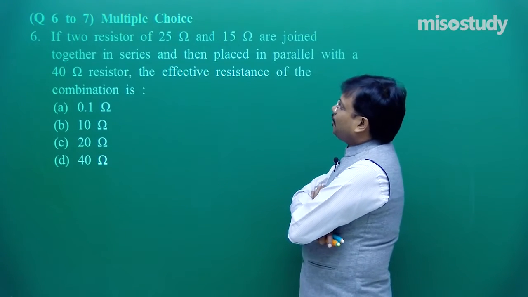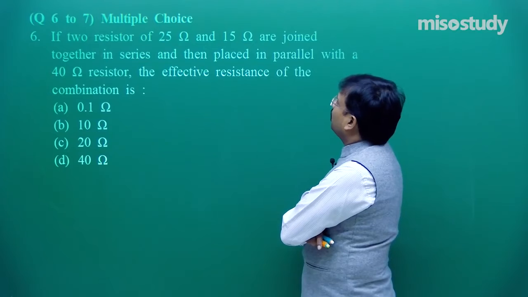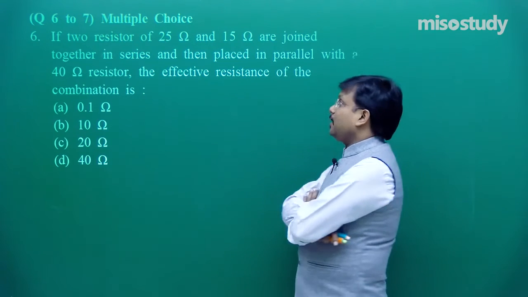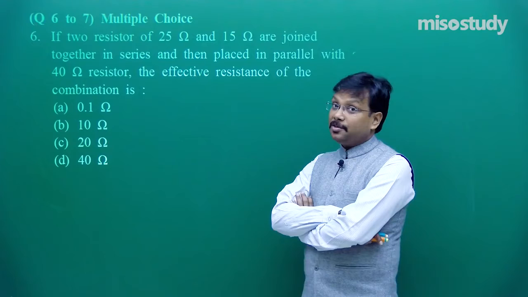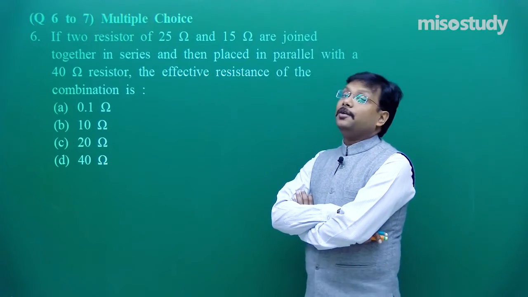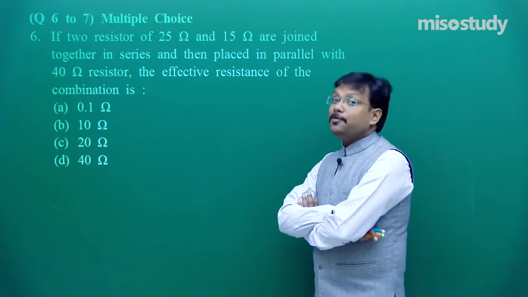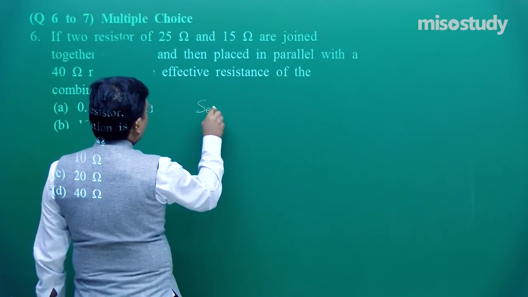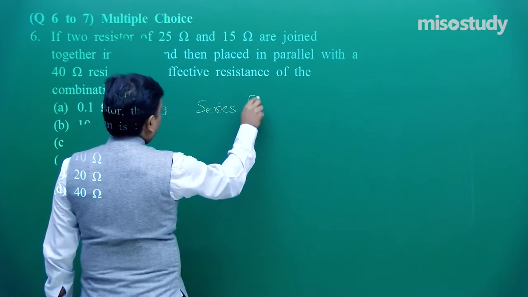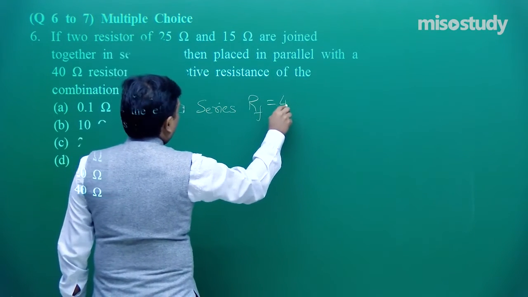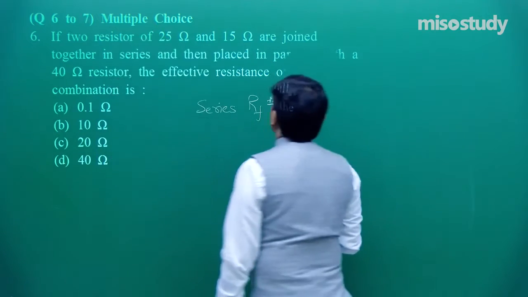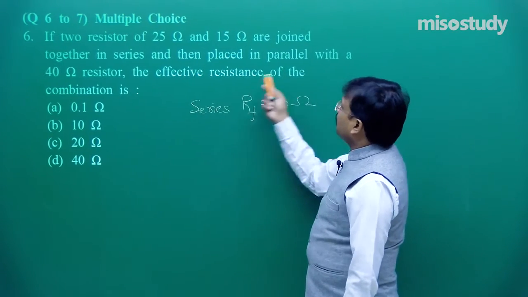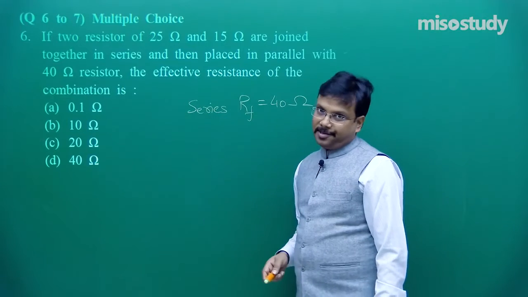Two resistors of 25 ohm and 15 ohm are joined together in series. Now, 25 plus 15 in series will give you how much? 25 plus 15 will give you 40 ohm, fine. So, in series RF is 40 ohm, and then placed in parallel with a 40 ohm resistor.